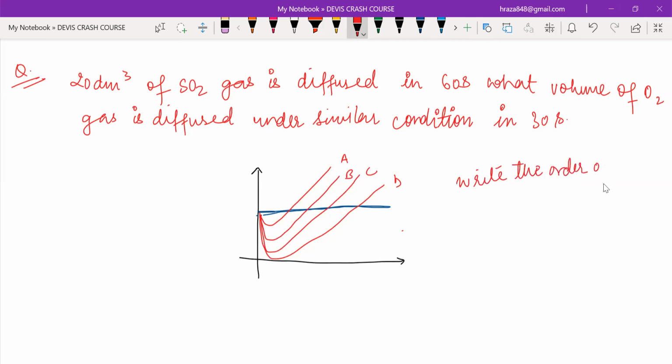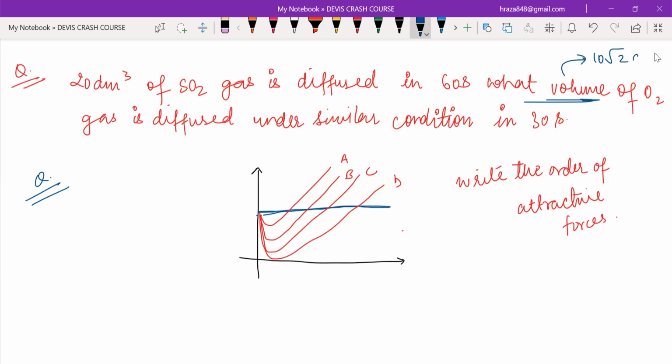Write the order of attractive force. There are four types of gases A, B, C, D. In which gas will the maximum attractive force be there?